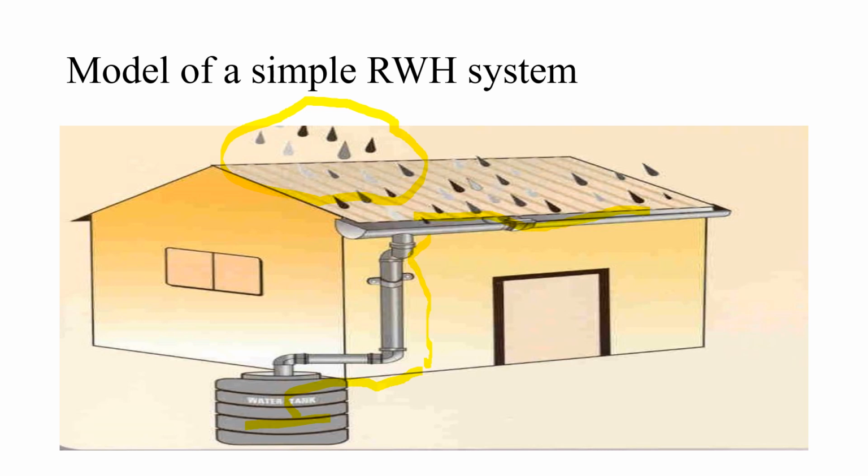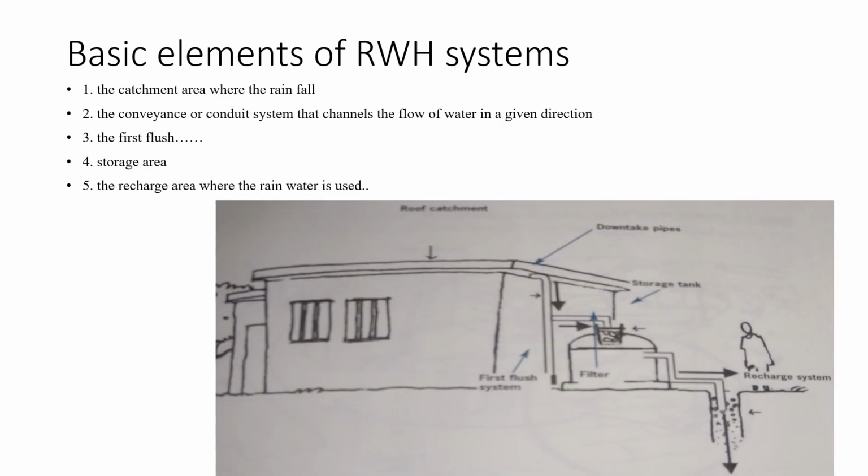There are basically two ways of using the harvested rainwater. Number one, storage in receptacles, and number two, recharge into the aquifer. Now here I have mentioned a few of the basic elements which are common to almost all rainwater harvesting systems.